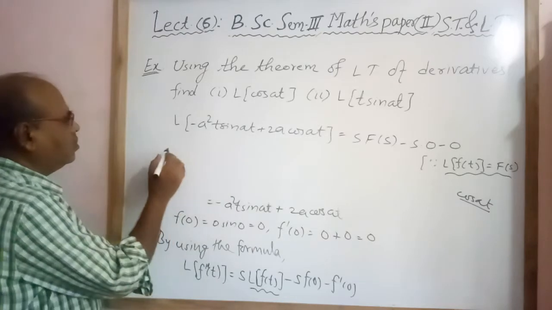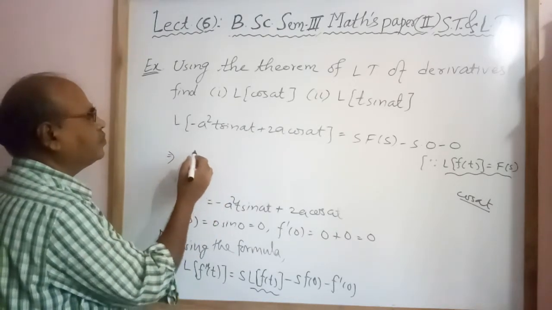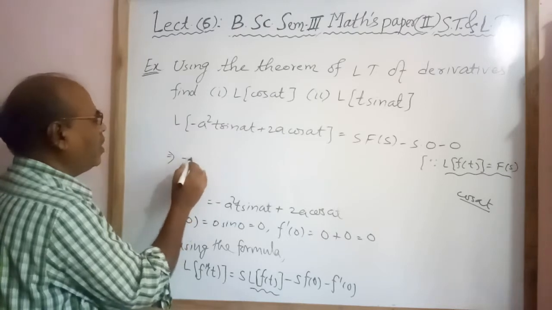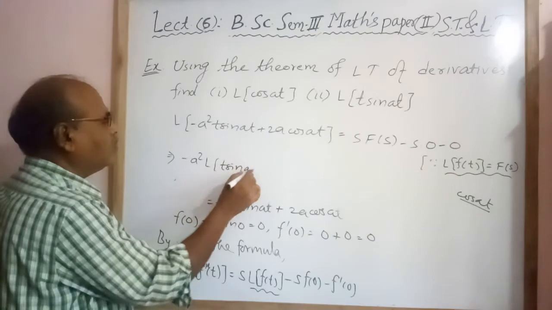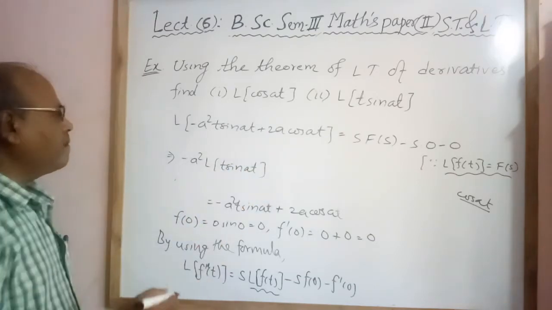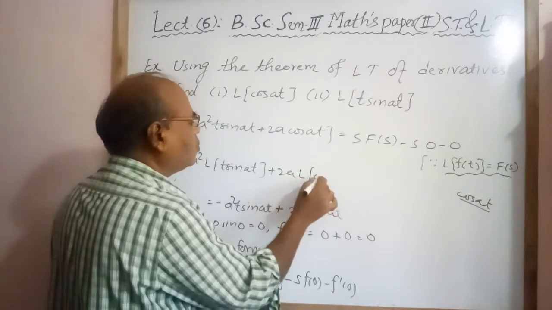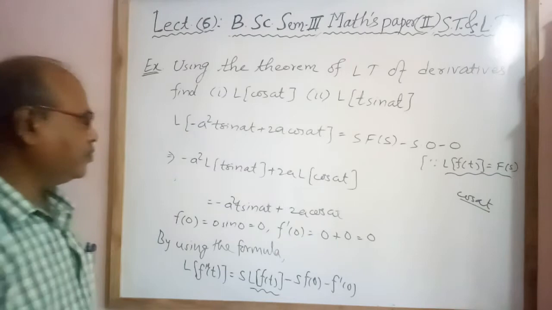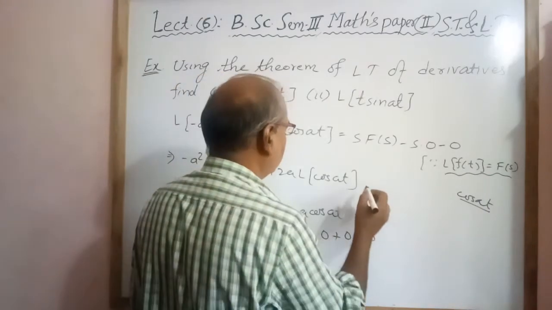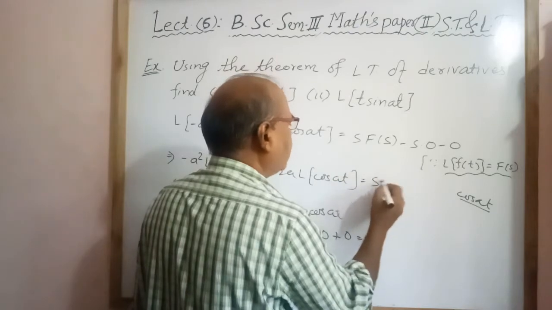Now separate this: minus a square Laplace of t sin at plus twice a Laplace of cos at equal to s square into f of s.